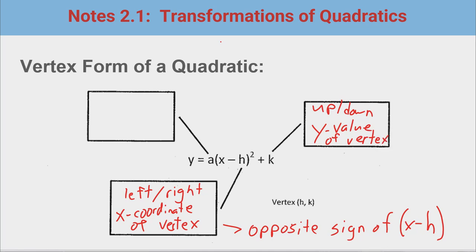Okay, and then the a value, which we did not see in our introductory lesson, it does two things. It controls the opening.